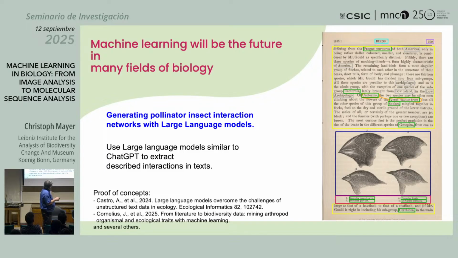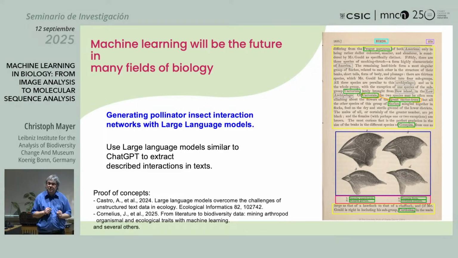So these visit these flowers, they visit these cactuses. You can extract these species interactions from the literature. They have been described many, many times. And you just have to go through scanned books and see whether you can find these species interactions to build what is called a species interaction network. And that's what ecologists are interested in.